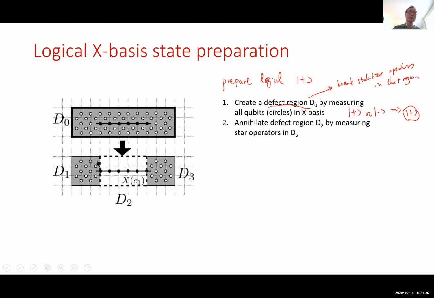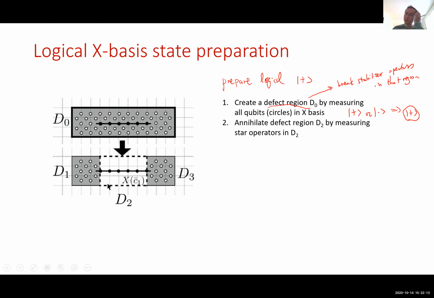And then you want to create the qubit, right? Because the qubit should be formed by a pair of defects. To create a shape of two defects, you need to carve out the region. By carving out, I mean that in this region, the plaquette stabilizer should be enforced. So what you do is you measure the star operator in this region.